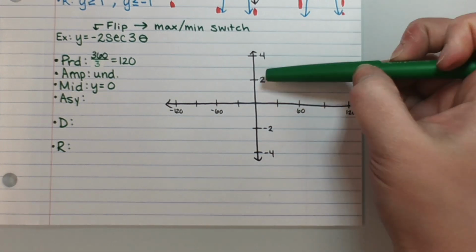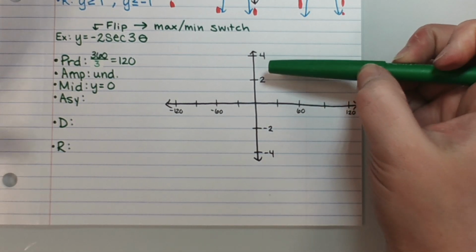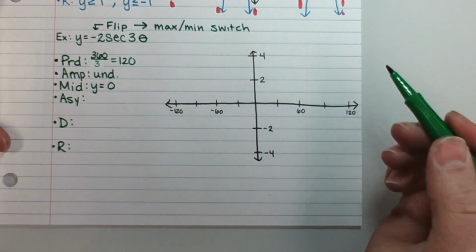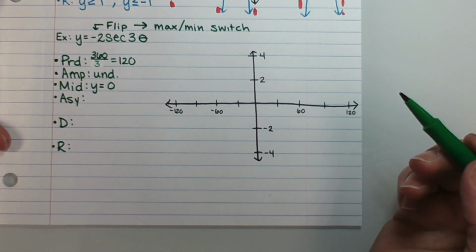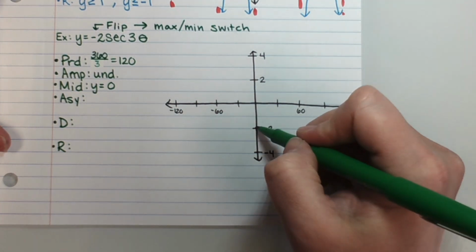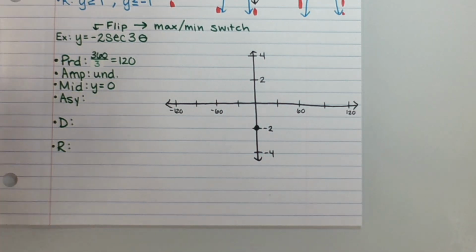So, instead of starting at its maximum, cosine's going to start at its minimum. What's cosine's minimum for this function? -2, because that's what the amplitude would have been. After hitting the minimum, where do you have to go? Midline.